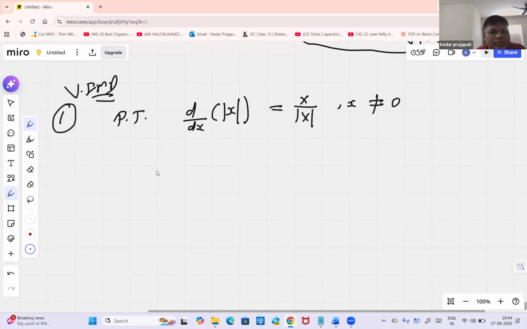So basically what it is telling is y equal to mod x. Find dy by dx. Let us solve this first.